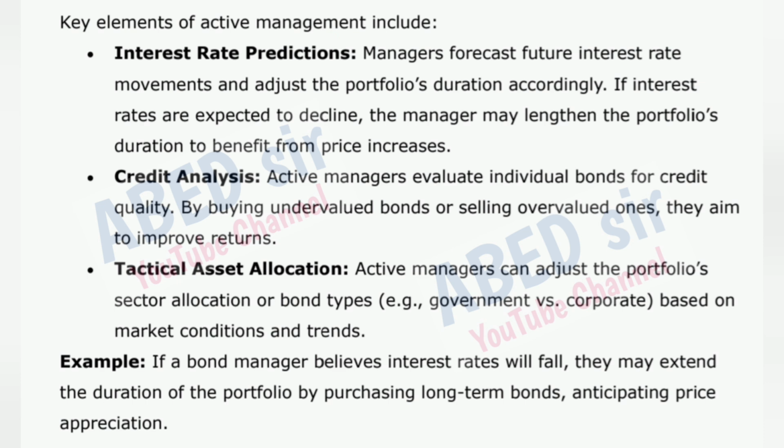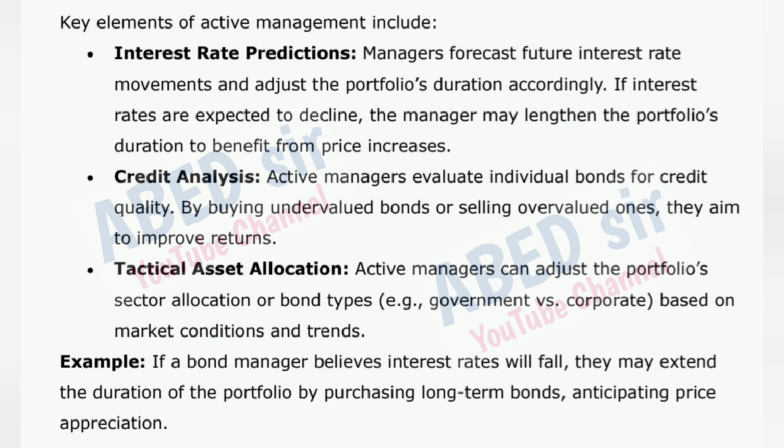If interest rates are expected to decline, the manager may lengthen the portfolio's duration to benefit from price increases. Credit analysis. Active managers evaluate individual bonds for credit quality. By buying undervalued bonds or selling overvalued ones, they aim to improve returns. Tactical asset allocation.